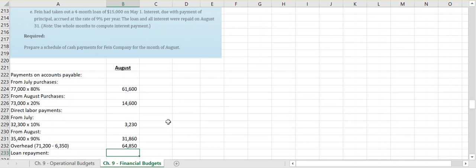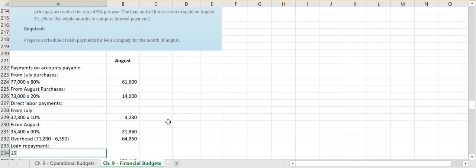And then they have to repay a loan. So they said the principal amount, the total amount of the loan was $15,000, but they also have to pay interest. And remember, your interest rates are always expressed in annual terms. So it was a 9% annual rate, but I only had 4 months to pay back that loan. So I'm certainly not going to repay a year's worth of interest if I didn't have a year to pay it back.